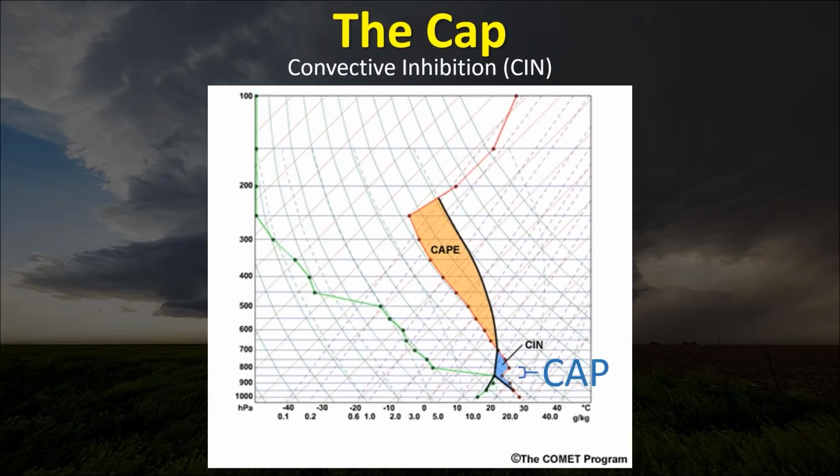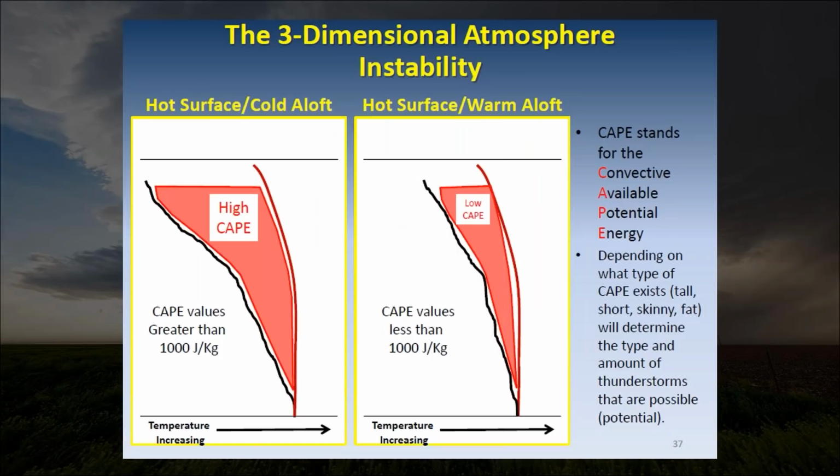When we see that, we think, okay, this amount of negative energy that's going to help keep that air bubble from rising is in the atmosphere. And so this has to be eroded before we can see convection freely developing from the surface. We call that negative area, that blue area that I had highlighted, CIN, or convective inhibition.